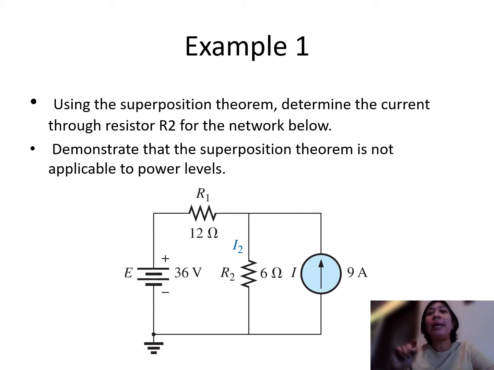We will do that individually. We will call the first solution I2 prime and the second solution I2 double prime, and then we're going to combine those two. So how are we going to do that?